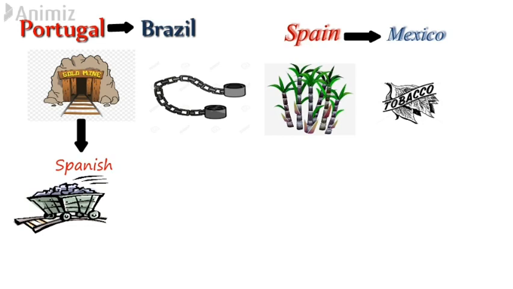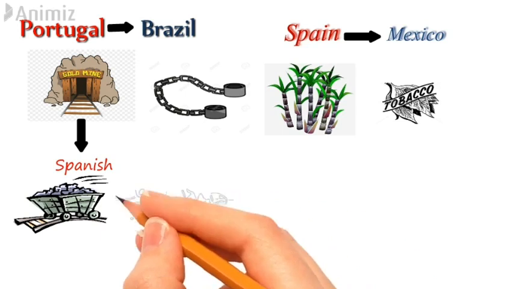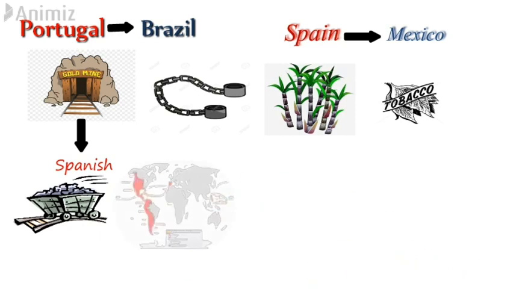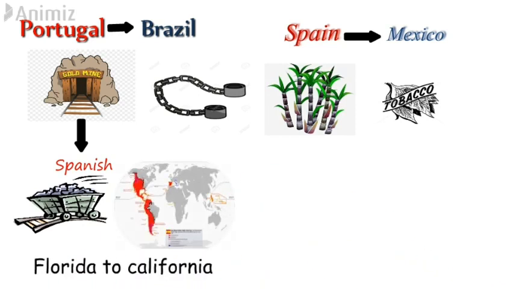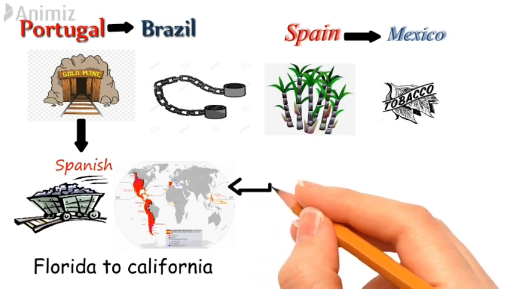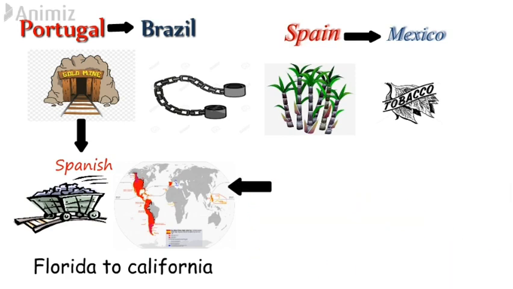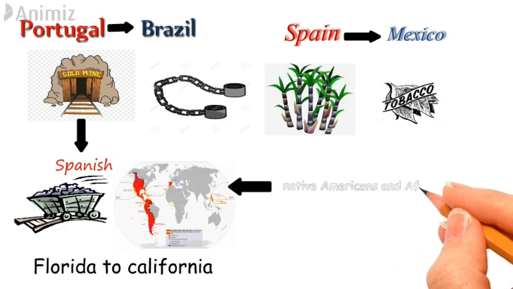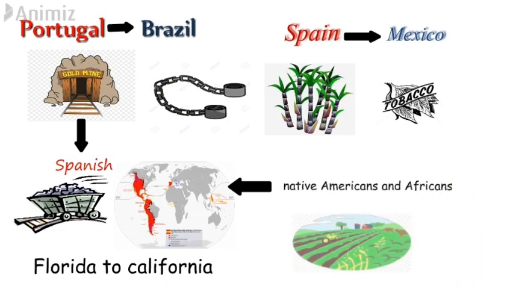They established control over the entire coastline of South America. The coastal region from Florida to California was held by the Spanish. Here they engaged Native American and African slaves in farming and mining, which earned them enormous wealth.